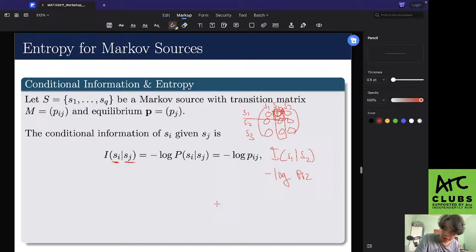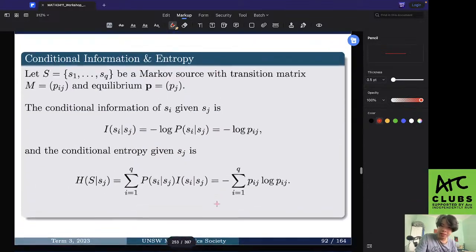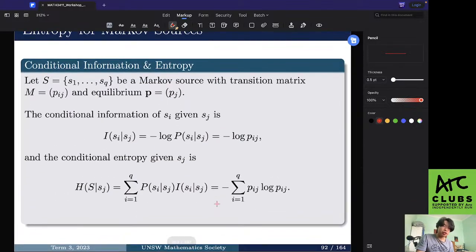Now that we know how to find the information, we can use information to calculate the entropy. And the entropy is just the entropy of the source S, given that we know the last symbol is S_j.